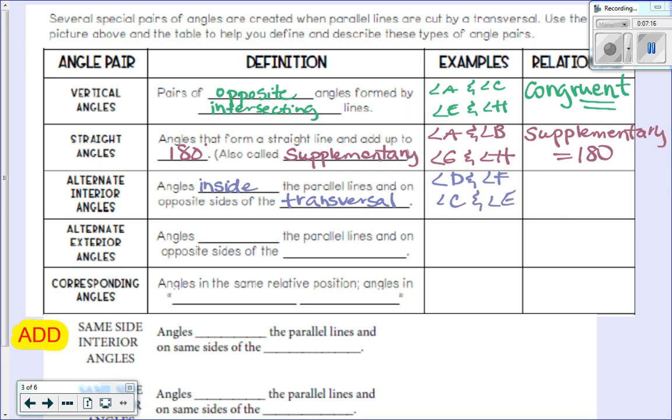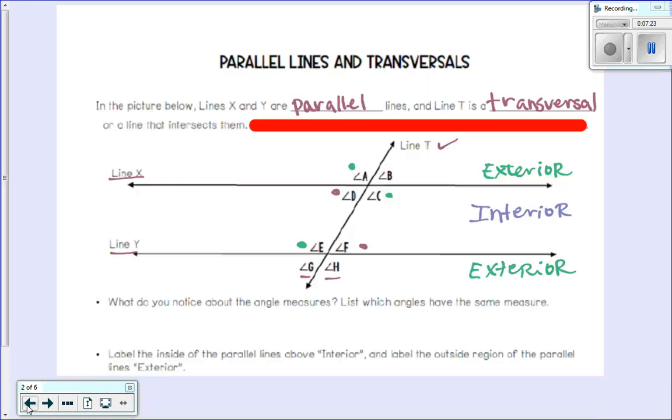Pretty good. What kind of relationship are those? Do you think they would be congruent, supplementary, complementary? What do you think? Do you think they equal 90? Supplementary, do you think they equal 180? Let's look at that. Do they look about the same?